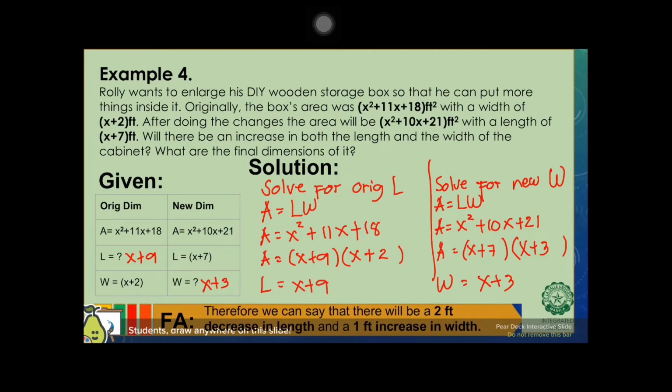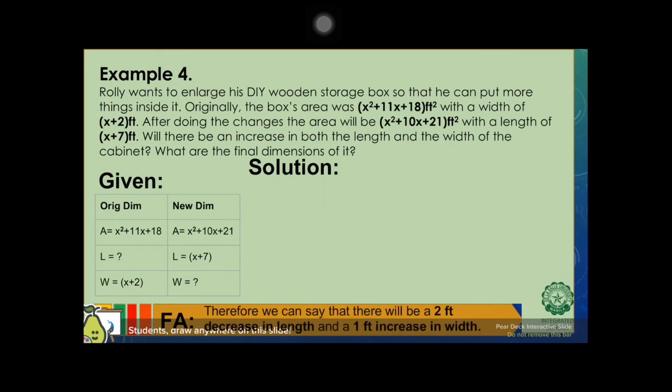The original length is x plus 9, and it will become x plus 7, while the width will have a 1 foot increase, considering the original width is x plus 2 and the new width will become x plus 3. So again, our final answer is that there will be a 2 feet decrease in length and a 1 foot increase in width.